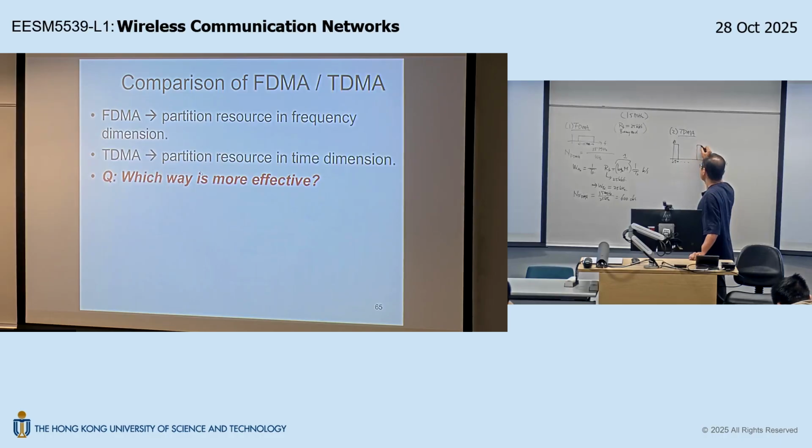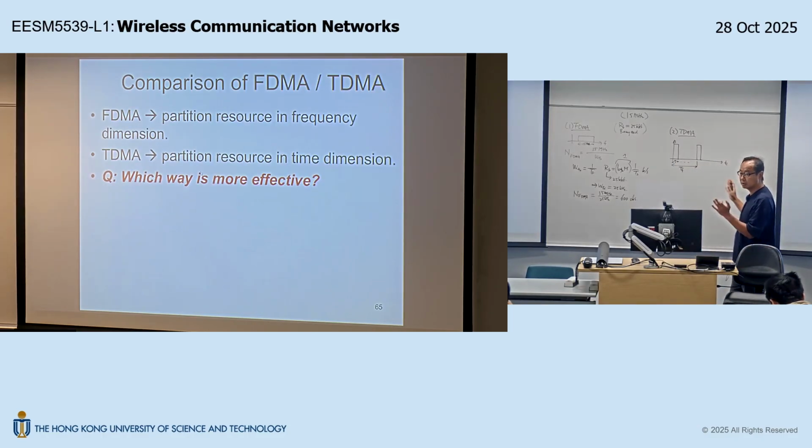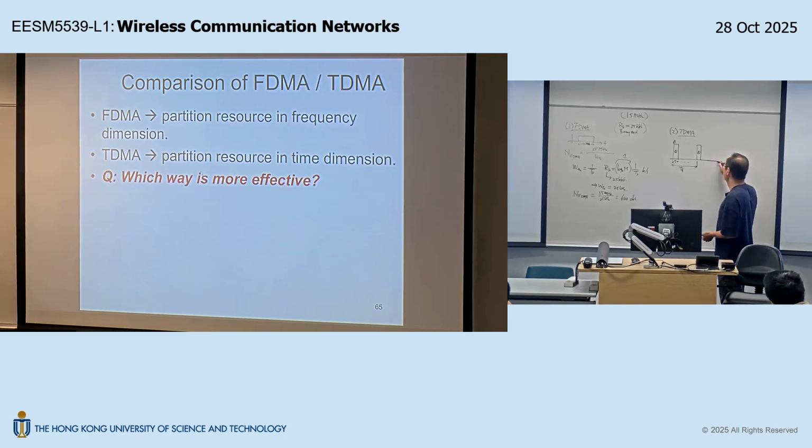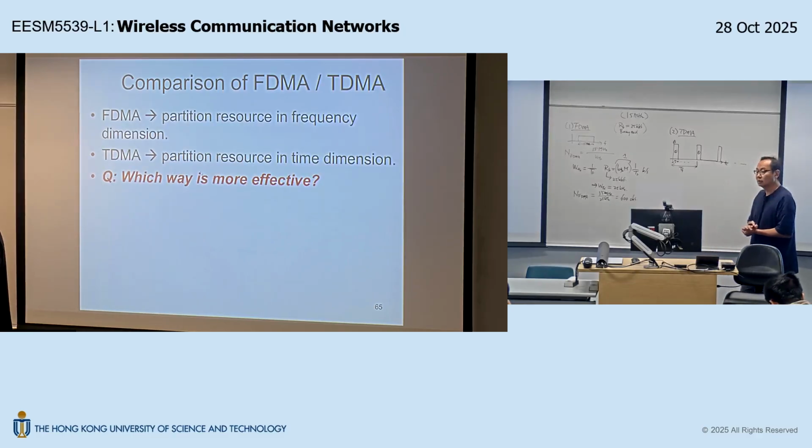And then this first time slot repeats itself once the frame duration is TF. Okay, so these are the timing parameters for the TDMA. This is 1 frame, and this is 1 time slot. This is the time slot assigned to the reference user number 1. So that means this user can only transmit on time slot 1 and shut up on the other time slots, right?